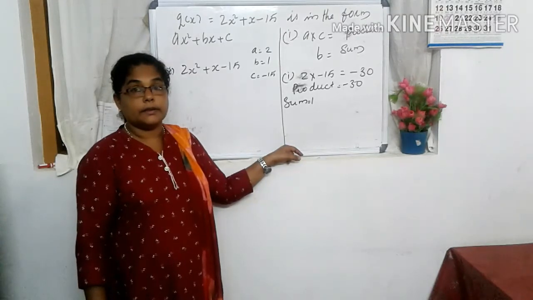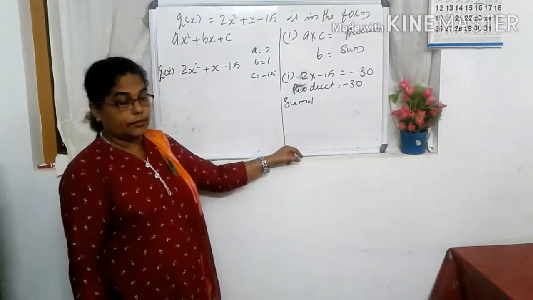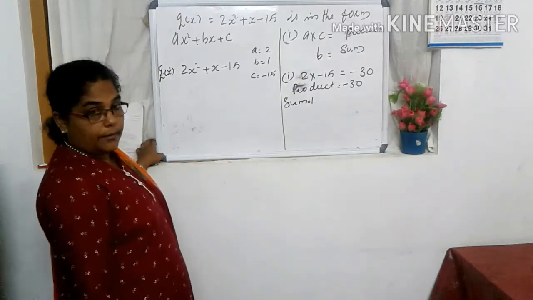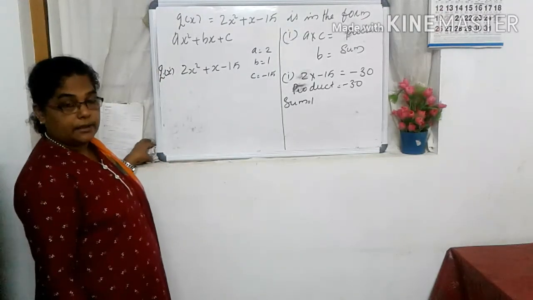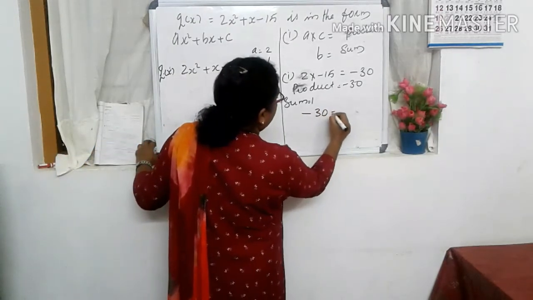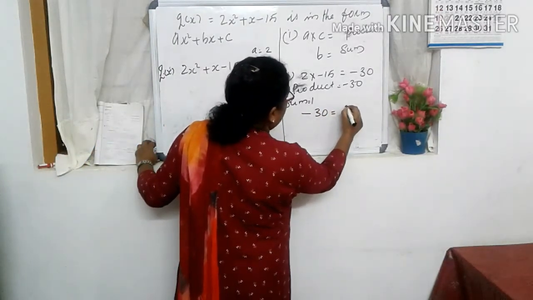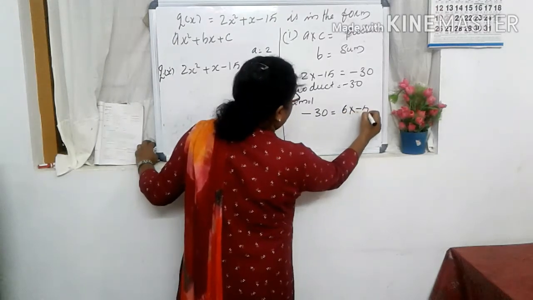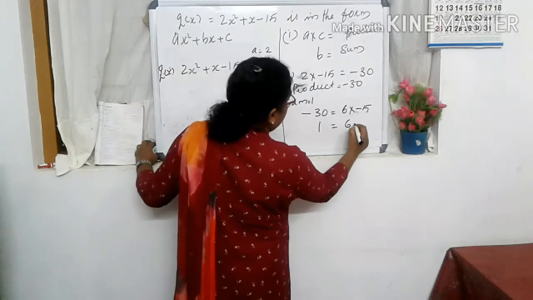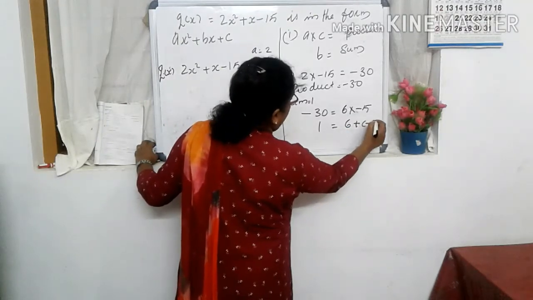Plus. 6 will be plus and 5 will be minus, because the greater number is 6. Therefore, minus 30 means 6 into minus 5. Here plus 1 means 6 plus minus 5.